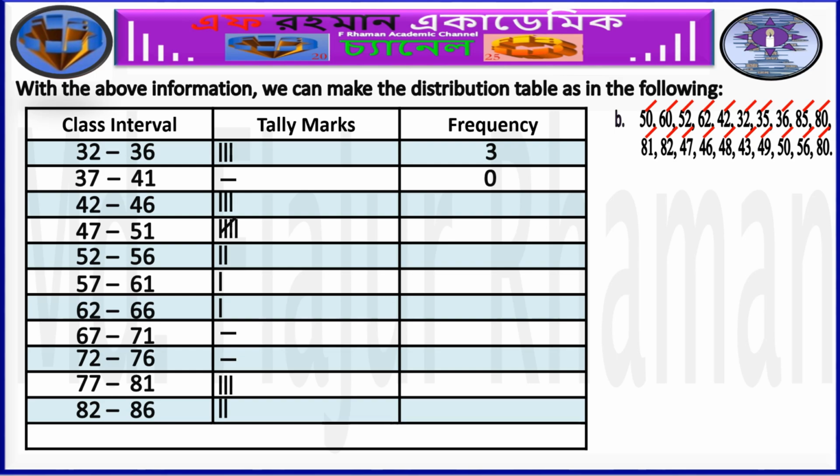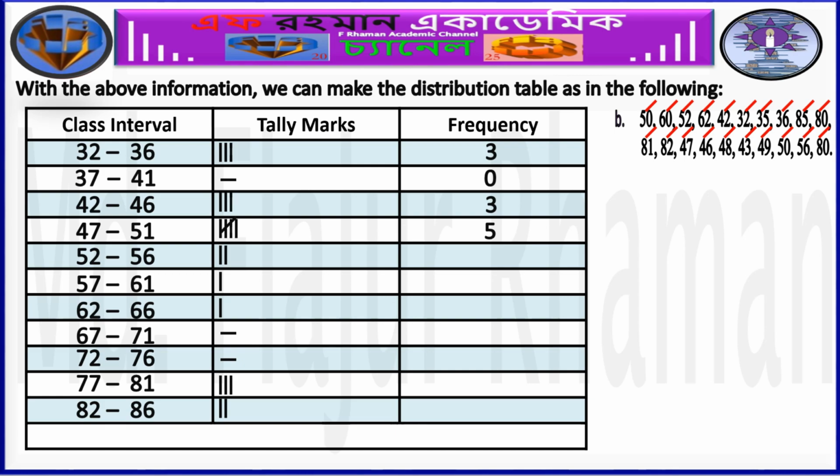Since the number of tally marks in the class interval 42 to 46 is 3, the frequency in this class interval is 3. Since the number of tally marks in the class interval 47 to 51 is 5, 5 is the frequency in this class interval.